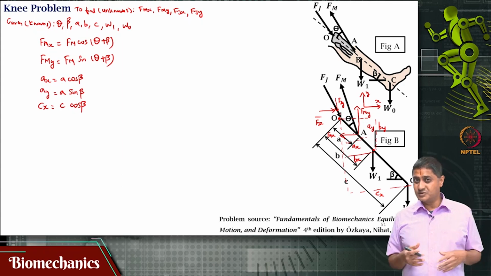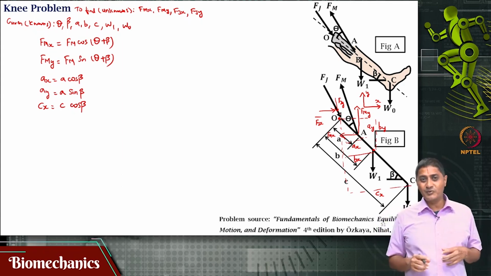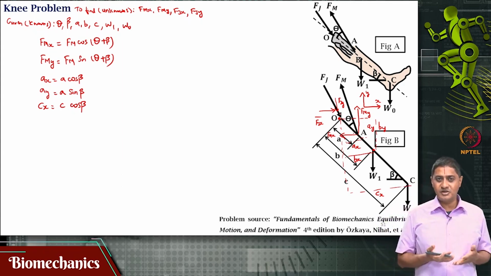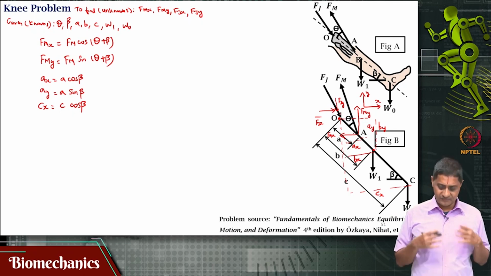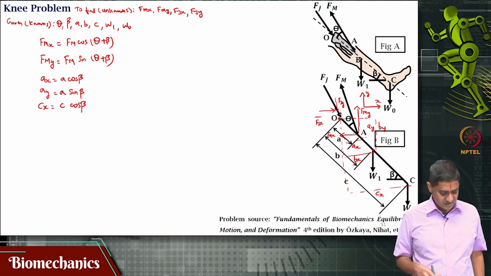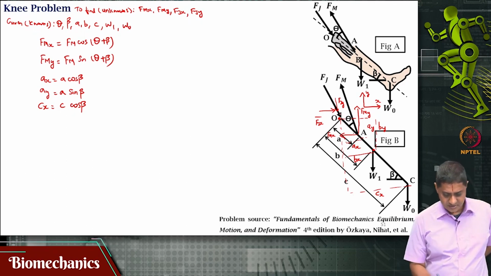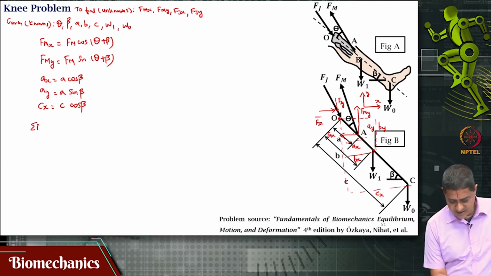Because there are many unknowns, it will be useful if I take the moment about one of the points for which I know the moment arms or I know the axis is rotating, for example. So, this is very convenient. So, I am going to write sigma M_O, counterclockwise considered positive, is 0.